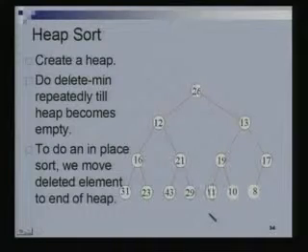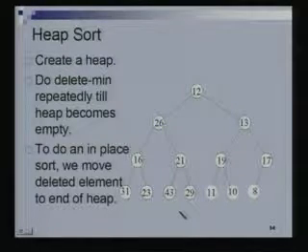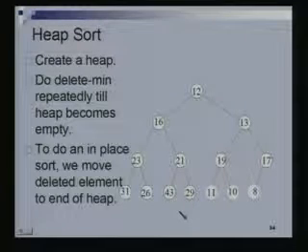This location is going to go out of the heap now because the heap is only this part, and once again we are going to do the swaps. We are going to do a heapify at the root so as to convert this into a heap, and that's what we are doing now. And now this is a heap.